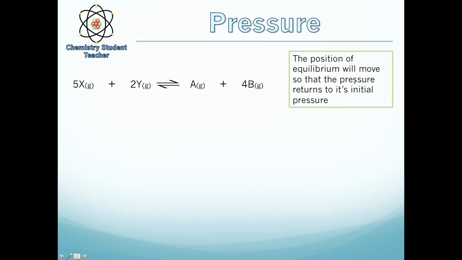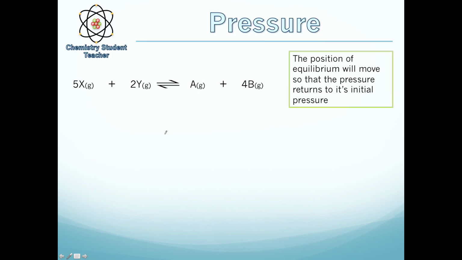Okay, so the final thing in this video that we'll talk about before I do some examples is pressure. Pressure can change the position of the equilibrium, because the position of the equilibrium will move so that the pressure returns to its initial pressure. So if we have an example here, everything's in the gaseous state, as you can see.